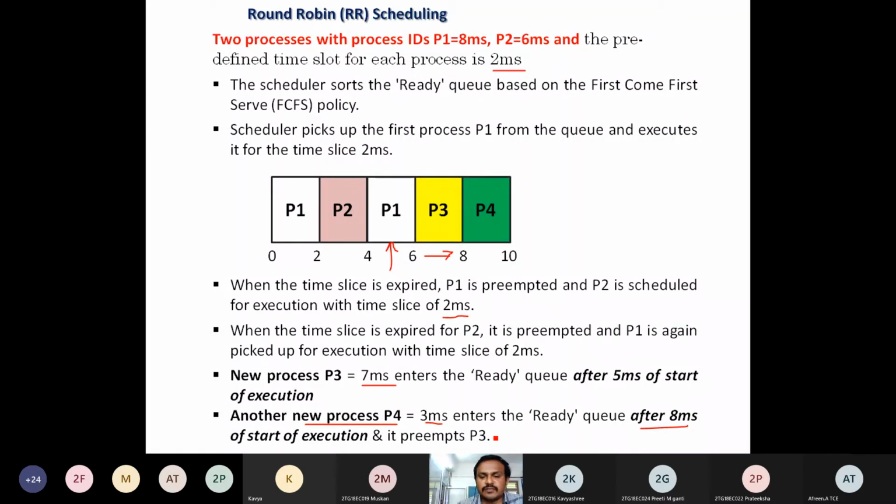So P4 is scheduled for execution from the 8th to the 10th millisecond. Even though it has 3 milliseconds, the predefined time slice is 2 milliseconds, so 2 milliseconds are allocated for P4.